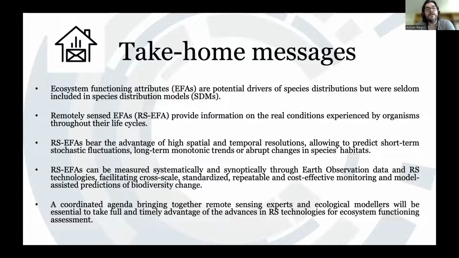So there are several advantages compared with the interpolation of, for instance, climate data from meteorological stations, and also the advantages of the high spatial and temporal resolution, which allow us to predict fluctuations, trends, and abrupt changes. As it comes from Earth observation data, remote sensing technology can be measured systematically, so this facilitates cross-scale and repeatable cost-effective monitoring.